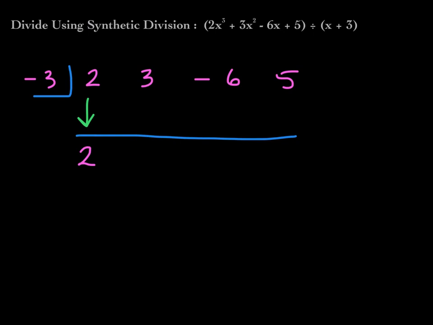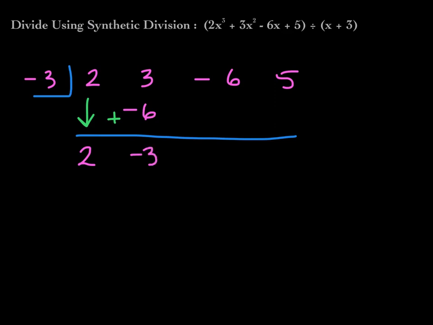And then watch this pattern, okay? Multiply negative 3 times 2. That is negative 6. The next step in the process is to add. So 3 plus negative 6 is negative 3, okay?